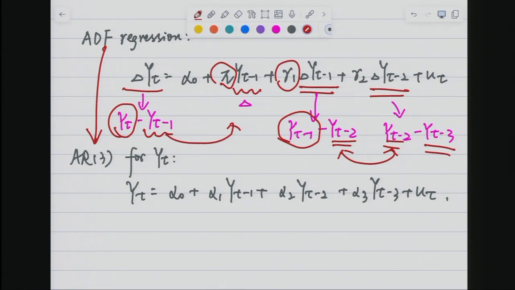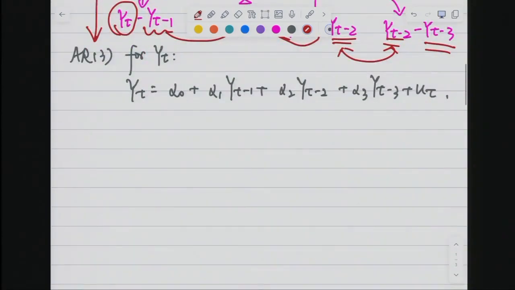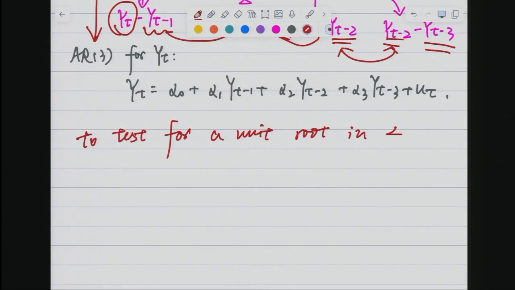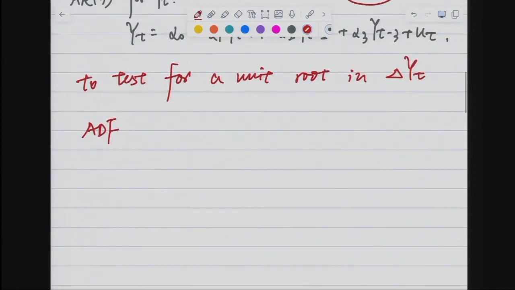If we were to test for a unit root in the first difference, in the delta yt, then we need an ADF regression of the form where we have delta square yt as the dependent variable. It's the first difference of the first difference, so it's the second difference as the dependent variable.